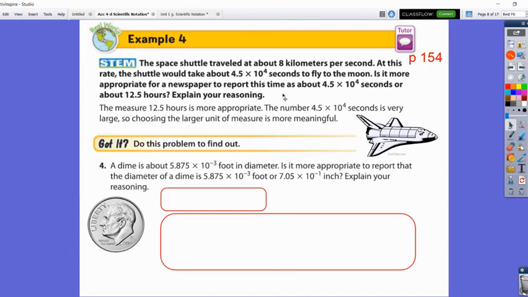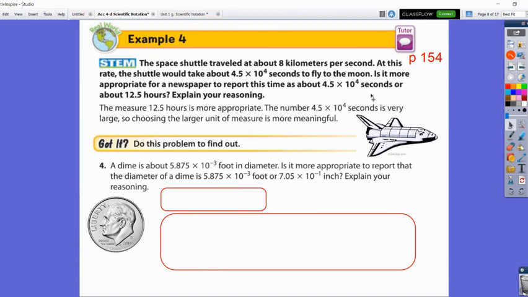Well, 12.5 hours is better. And this is not right because it takes more than 12.5 hours, I think. But anyway, the answer to the question, is it more appropriate to report it as 4.5 times 10 to the 4 seconds or 12.5 hours? The answer is 12.5 hours.